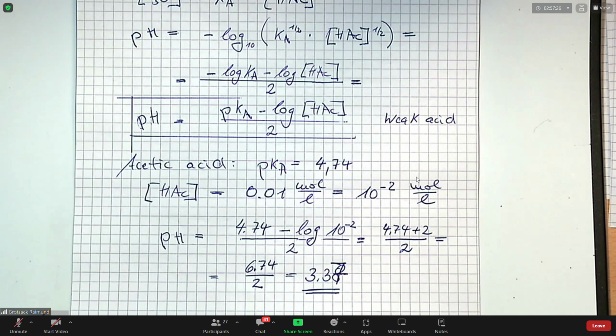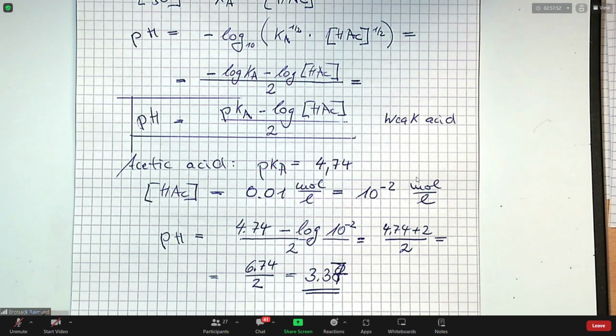If you compare it with the same concentration, 10 to the power of minus 2, of the strong acid HX, what was the pH of that? 2. Now we have 3.37. What is more acidic? Of course, a lower pH is higher acidity.